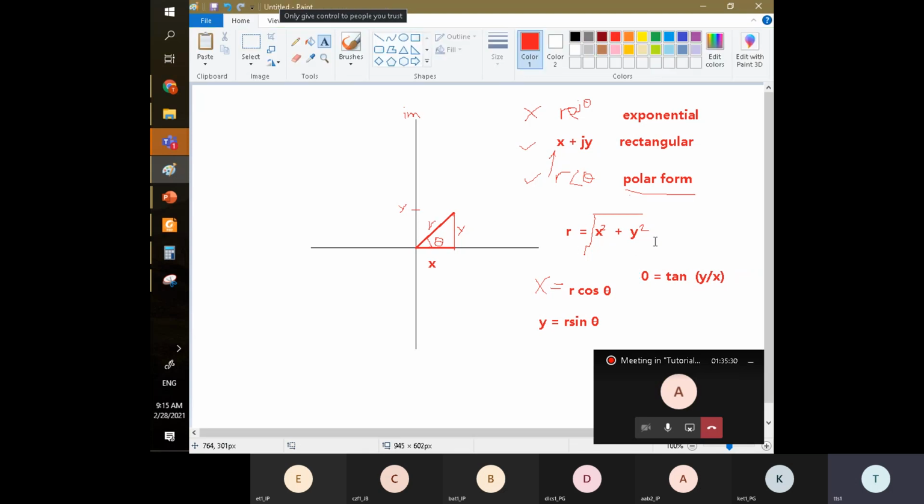Y is the imaginary because of the z. This one you must remember for life. This is how to convert from here to here or from here to here.